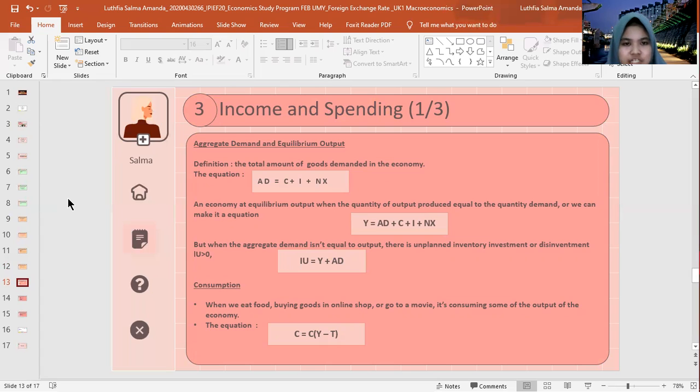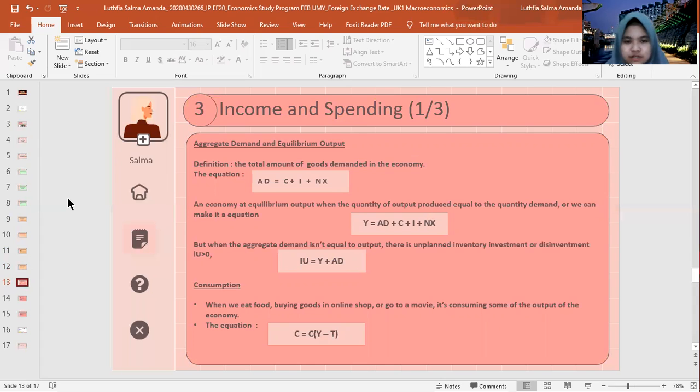The equation is AD equals C plus I plus NX. The economy is at equilibrium output when the quantity of output produced equals the quantity demanded, or we can make it an equation: Y equals AD, that is C plus I plus NX. But when aggregate demand isn't equal to output, there is unplanned inventory investment or disinvestment.